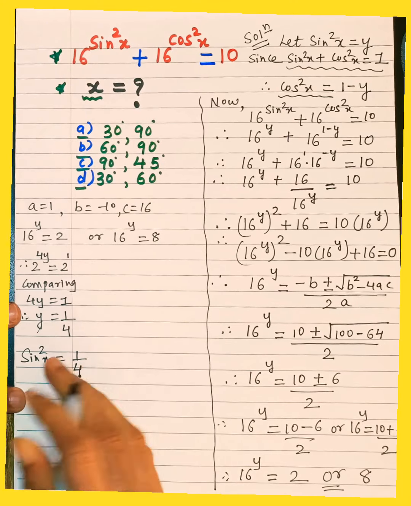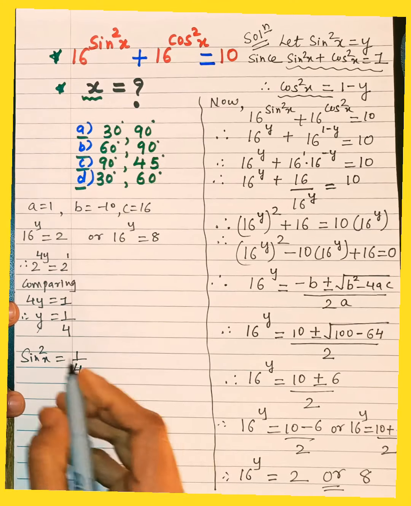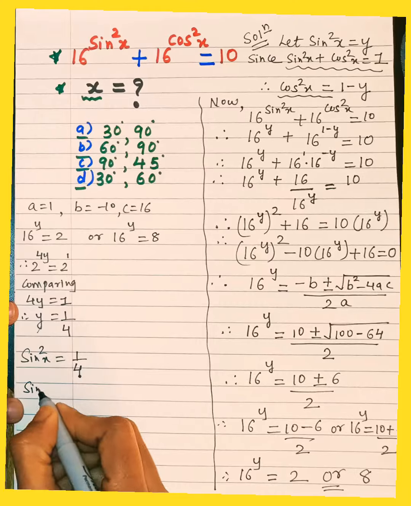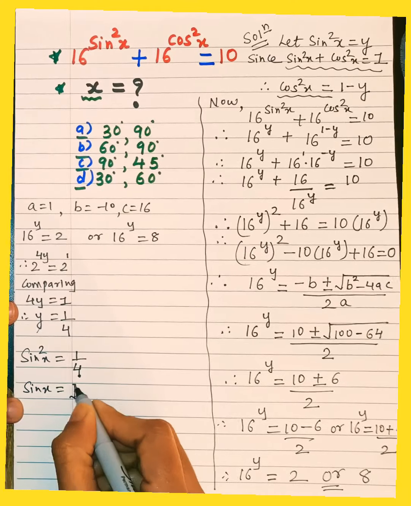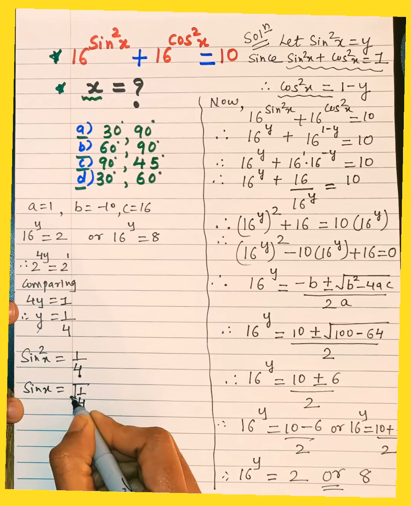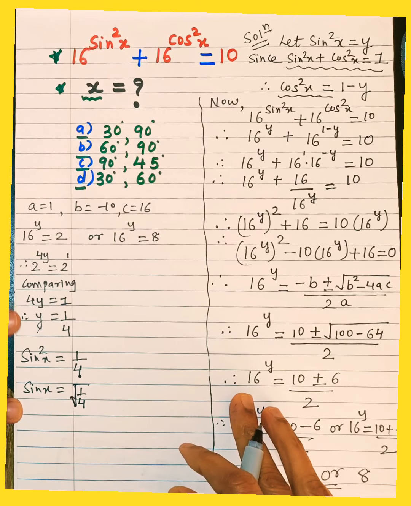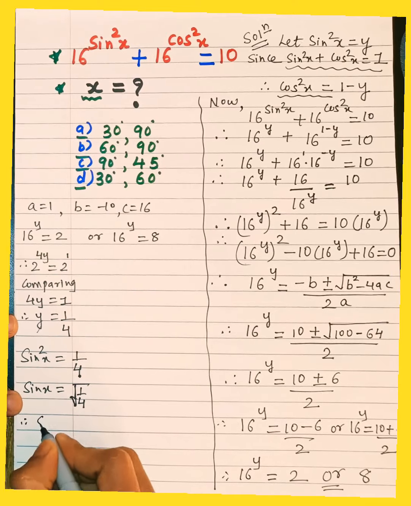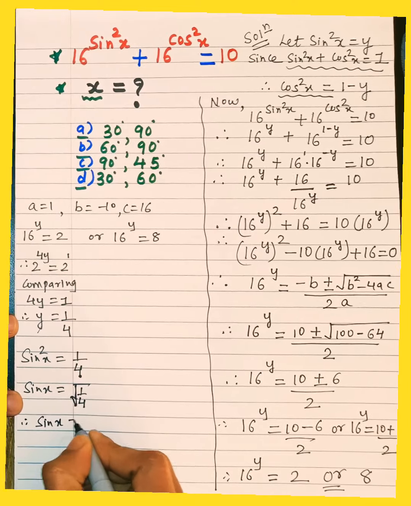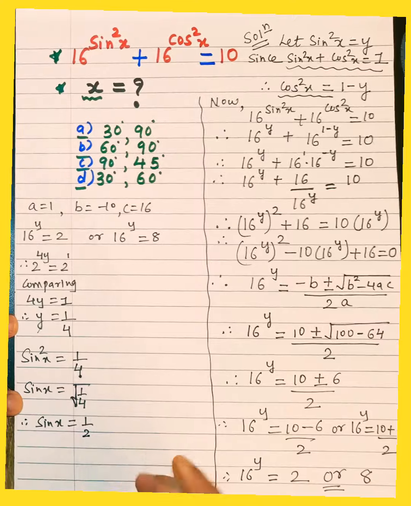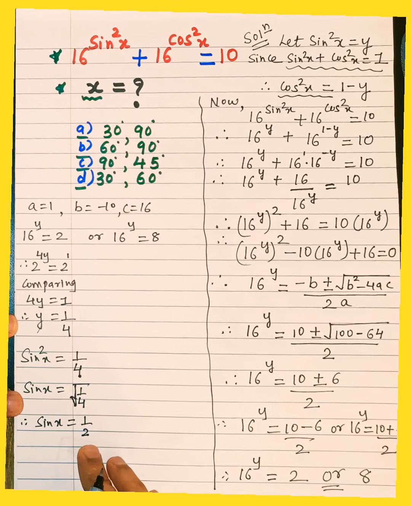Okay. Now this square I am shifting to that side, so we will get sine x is equal to square root of 1 upon 4. Now 4 is also a perfect square number and 1 is also a perfect square number, so I will get sine x is equal to 1 upon 2. Now here we have half.